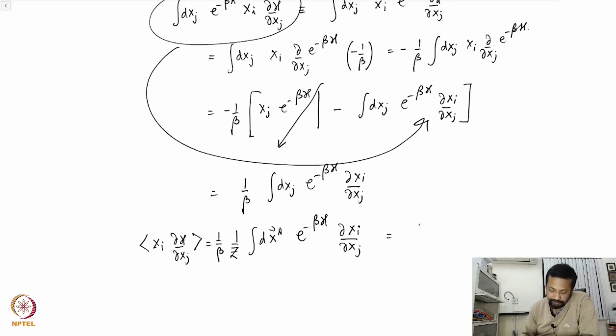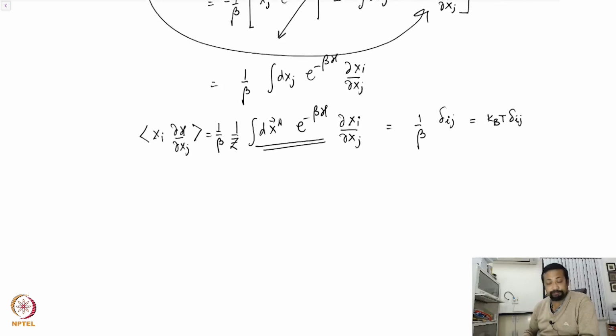Therefore this expression becomes 1 over beta. The del xi del xj is delta ij, so we put a delta ij, and the rest of the expression is nothing but the partition function. So this becomes kBT times delta ij. This would imply that the average of xi del h del xi is kBT.